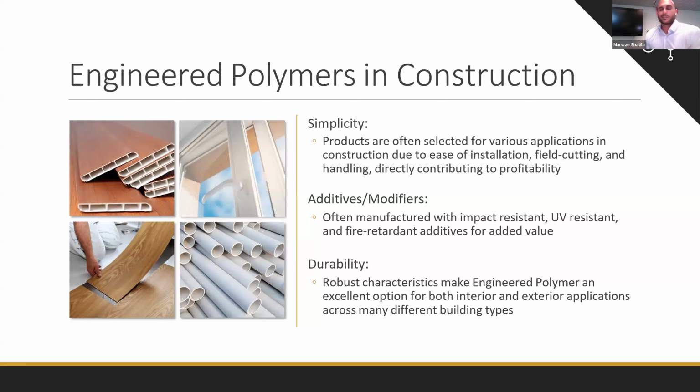Additives and modifiers, again, these are things like the Class A fire rated additives, the pigments, the UV resistant film, etc. And all of these things make this a very, very durable system to use whenever you are designing or putting some sort of wood grain or solid color soffit or wall in your building.